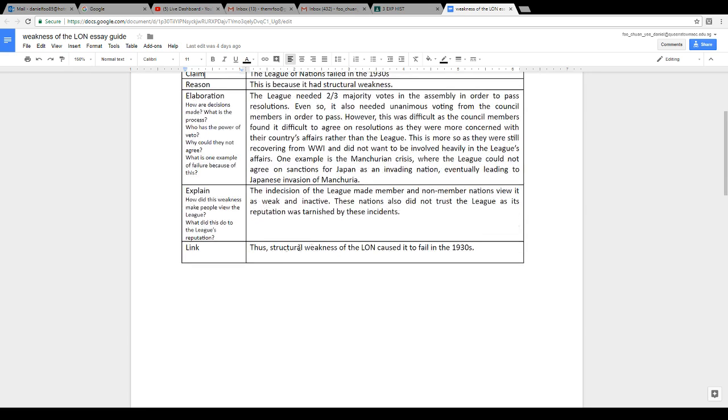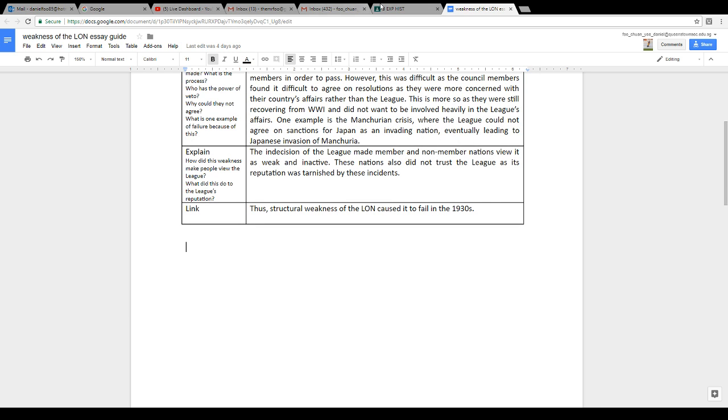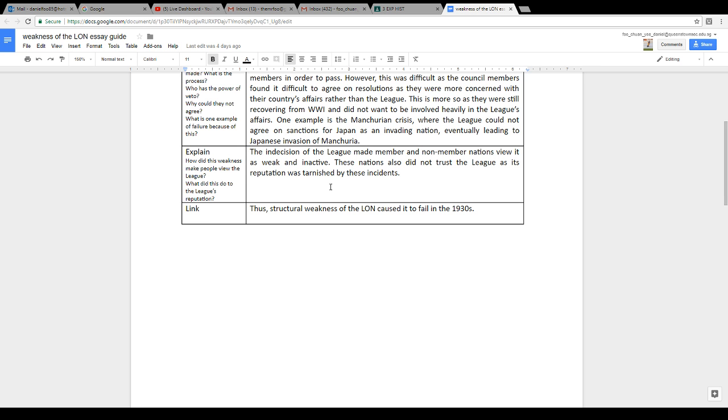Okay, so if I can summarize this whole part, this is how you should think when you do the exam. Look at the question. The topic for this chapter is not the Treaty of Versailles, it is the League of Nations.